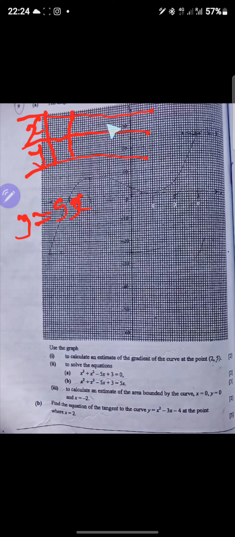You can choose a few points, maybe three are enough. You start with 0. When x is equals to 0, y is what? y is 0, because when you put 0 here, 5 times 0 is 0. So y is equals to 0.